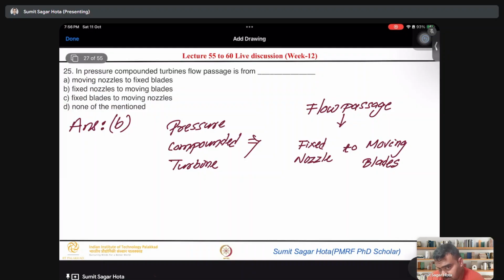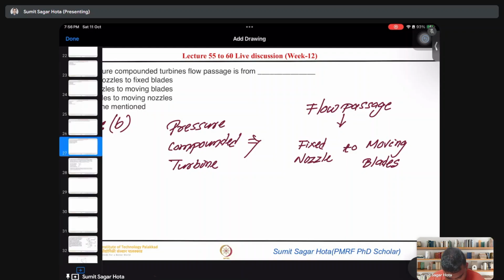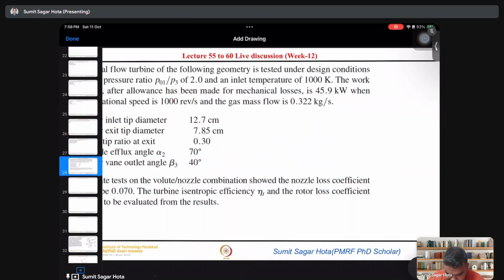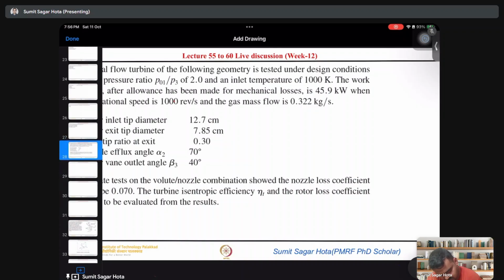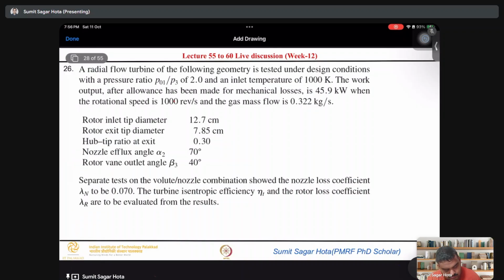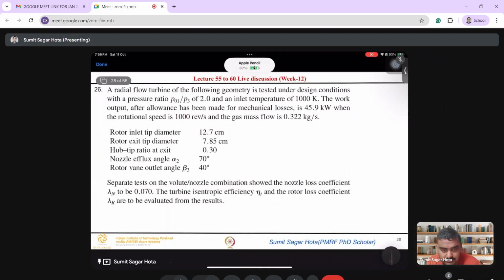Okay. The pressure compounded turbine, the flow passage is from fixed nozzle to moving blades. Okay, read this question and try to solve.